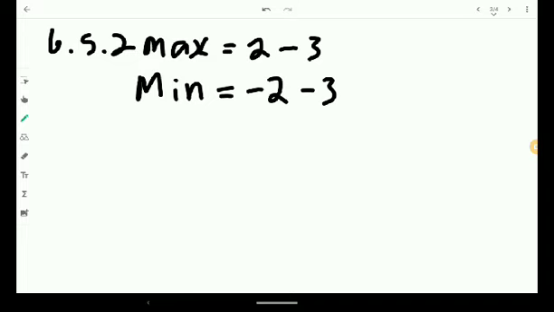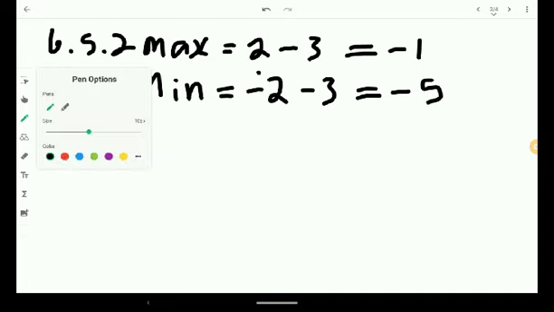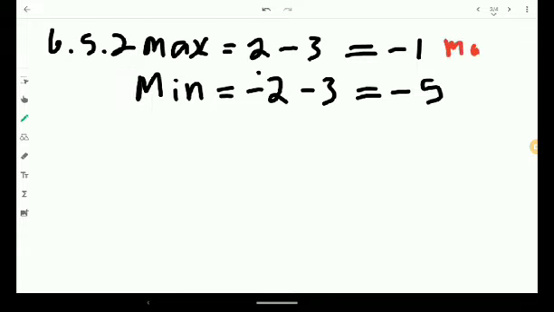If I minus 3 from this 2, I get negative 1, and if I minus 3 from this negative 2, I get negative 5. So this is the new maximum, and this is the new minimum.